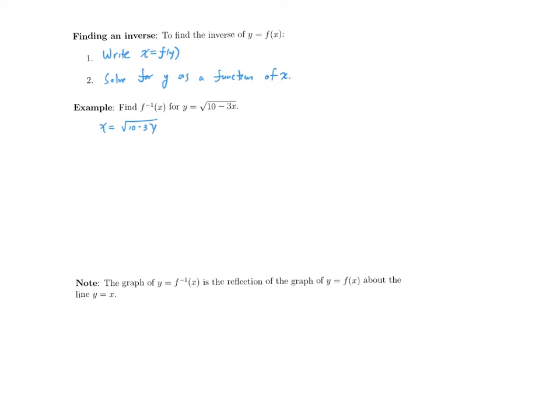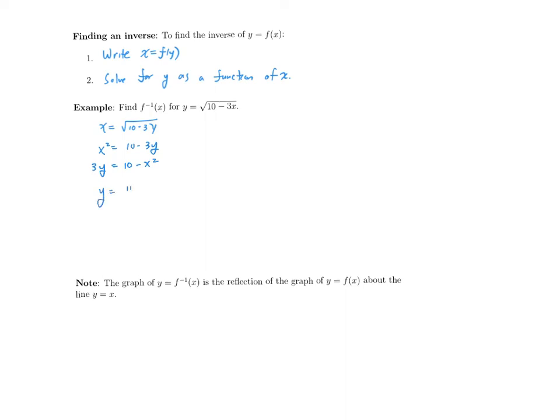And then I would like to solve for y. So algebraically, we will step by step isolate y. We first need to get it out of the square root, so we square both sides. And then we would prefer to have, say, a positive coefficient for that y. So let's add 3y to both sides and subtract x squared. And then lastly, to isolate y, we divide by 3.